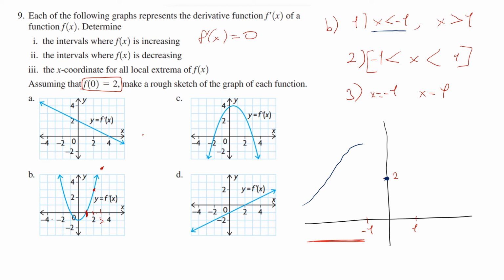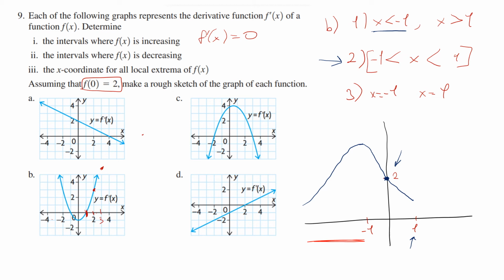So all I need to do is look at what happens next. What happens next is it's between -1 and 1. I know that between -1 and 1, my function is in fact decreasing. But I also know it needs to pass through this, so when I'm decreasing, I'll actually pass through that too and keep decreasing, right? Now remember this point is also a local extrema, because it's going down, so probably a minimum, right?